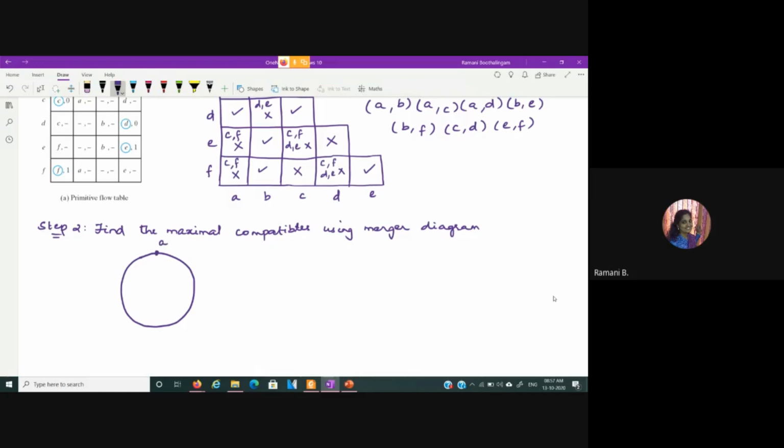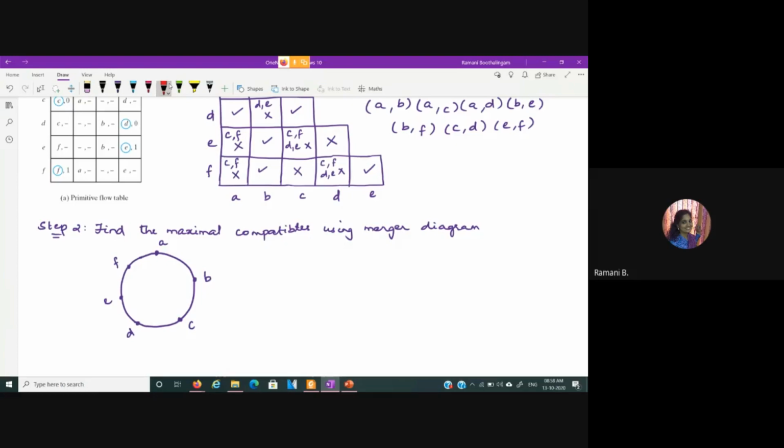So we had 6 states in the given problem. So we write those A, B, C, D, E, and F. Okay. Next, in the merger diagram, here we have found the compatible pairs, right? You draw lines between those pairs.